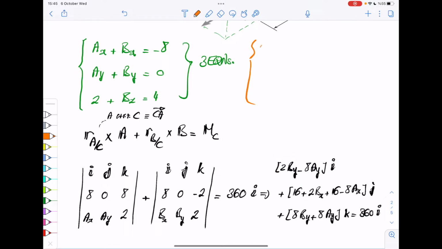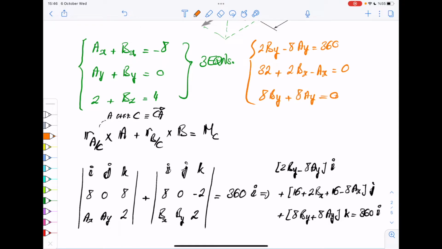So 2by minus 8ay is 360. 32 plus 2bx minus 8ax is 0, and 8by plus 8ay is 0.